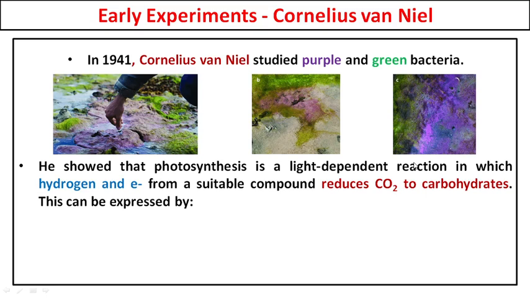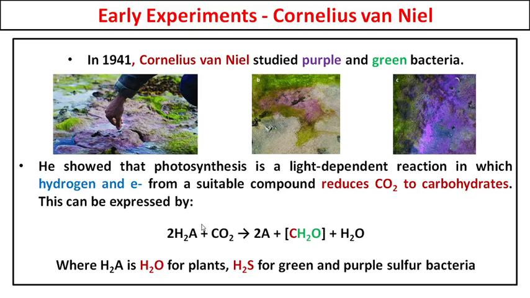Only when carbon dioxide gets reduced will it turn into carbohydrates. So this he expressed by 2H2A. In this H2A, the H2 is the hydrogen and electron donor. Plus carbon dioxide will give you what? It will give you the carbohydrate, which is nothing but reduced carbon dioxide, plus water and plus 2A. Clear? So this was the reaction he gave.